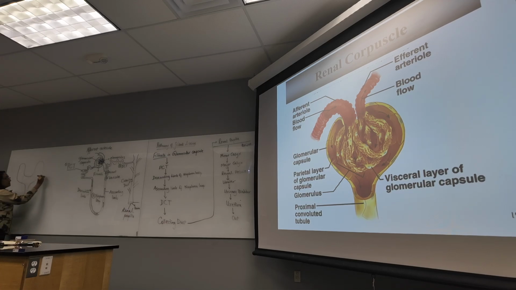Okay, so this is the glomerular capsule. Now the glomerular capsule is a structure that is lined by a single layer of flat cells, so simple squamous epithelium.